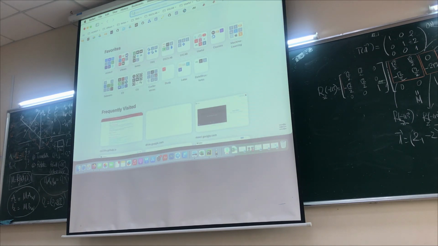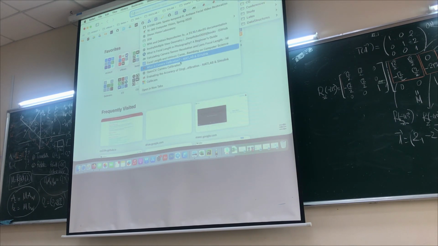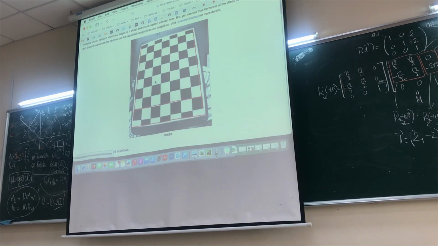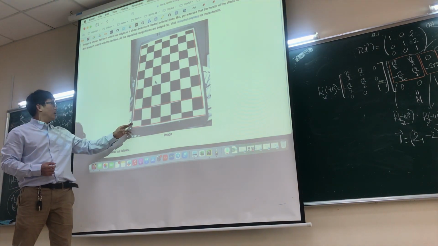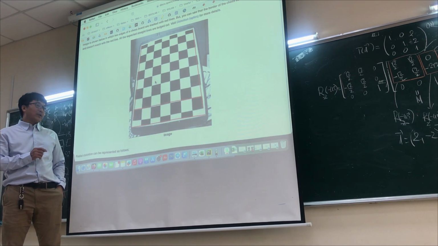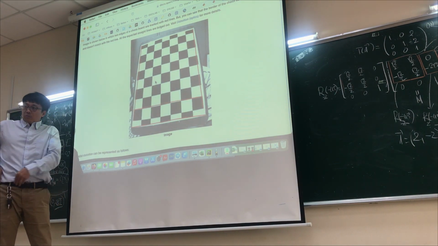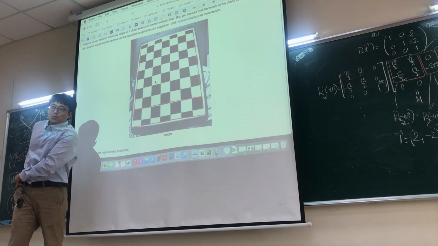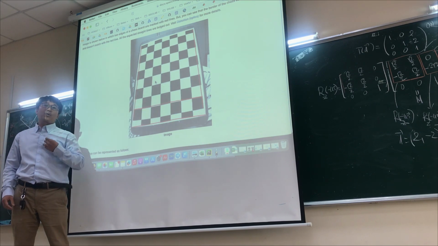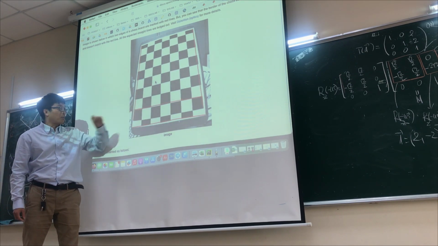Maybe I have a picture of it. Let us see where. Here. In order to determine the parameters of the camera, first you must prepare a chessboard. You have to design it with some software. For example, more than 10 years ago when I studied 3D reconstruction, I designed the chessboard using CorelDRAW.